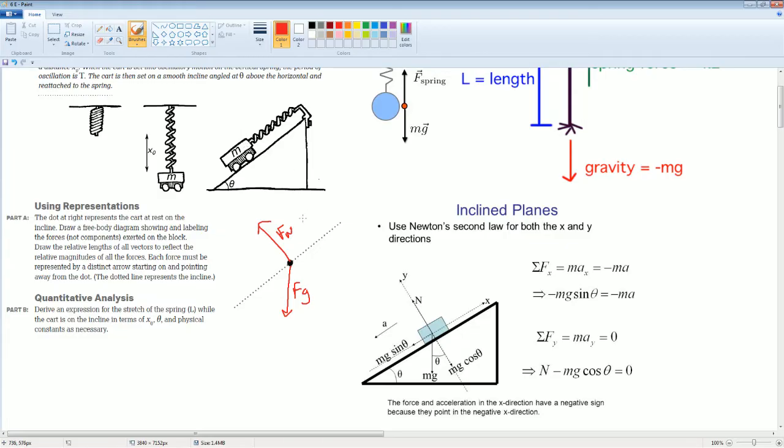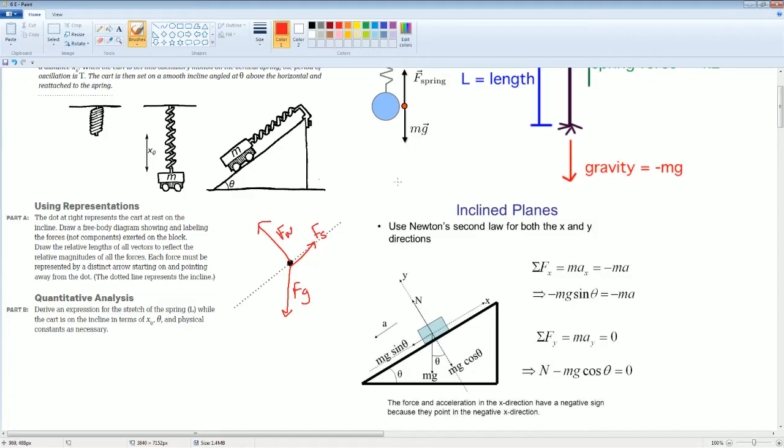The restorative force. It is displaced to the left, so the restorative force is to the right. So the force of the spring, or the restorative force, is to the right.